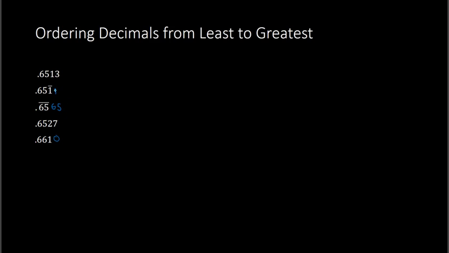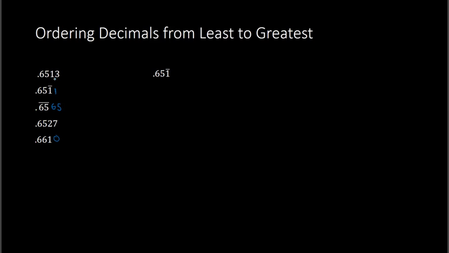So once you do that, now we can just compare these numbers we have. So we have 6511 is the smallest. So we have 0.651 repeating is the smallest. And then from there, we have 0.6513.